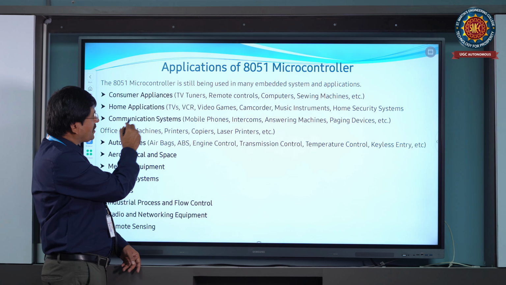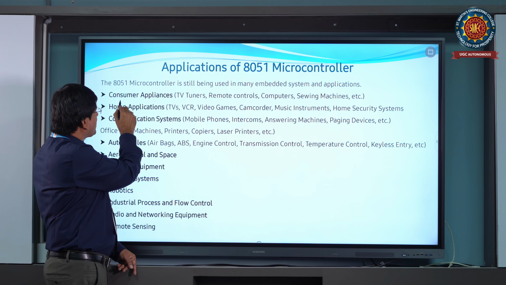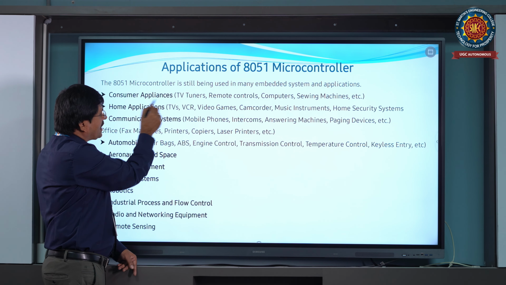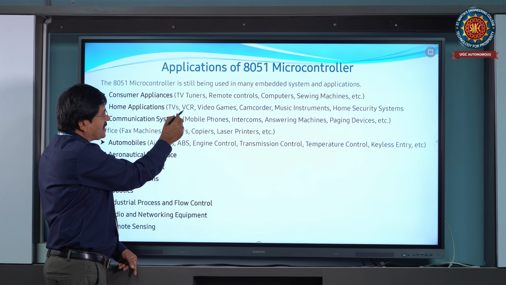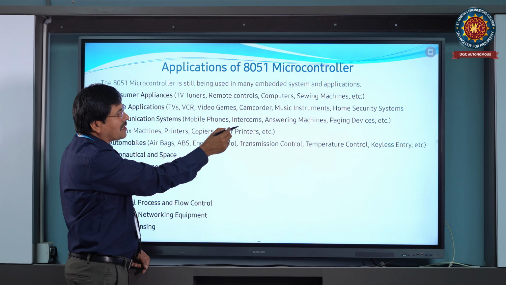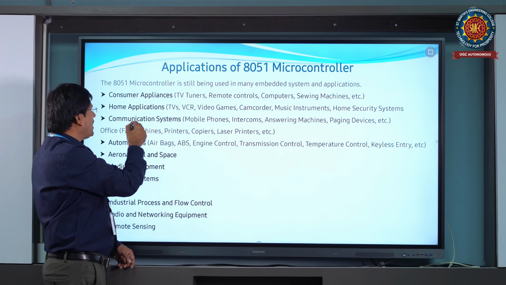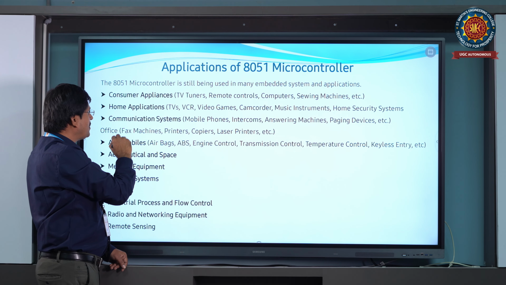Look here, these are the applications of microcontrollers. They can be used in consumer electronics and home appliances like TV, VCR, video cameras, camcorders, music instruments and home security systems.